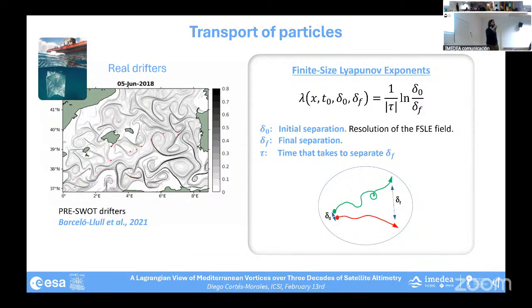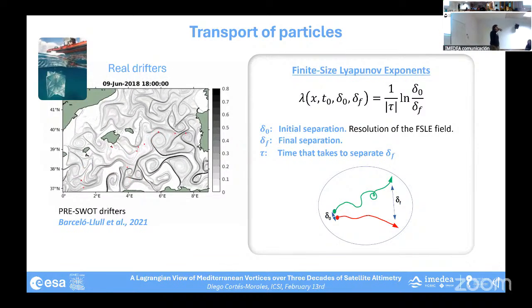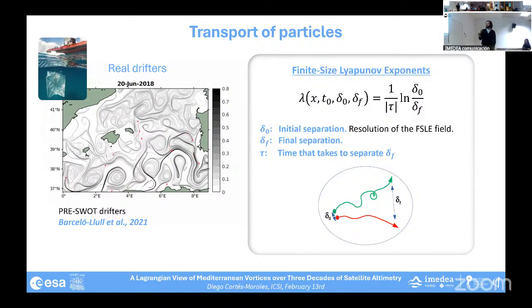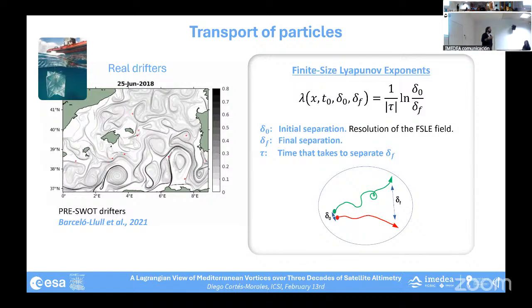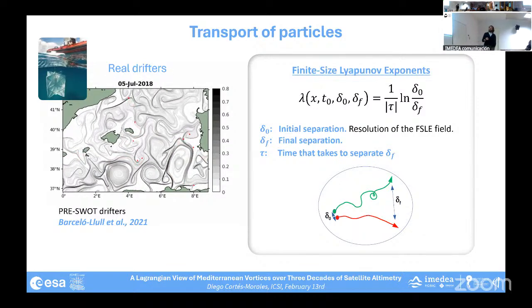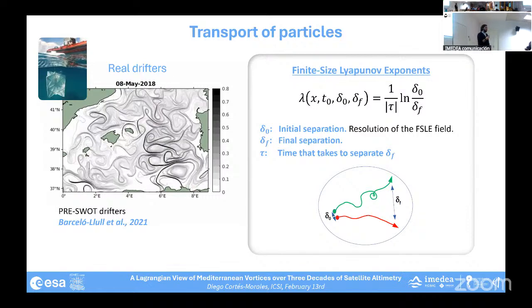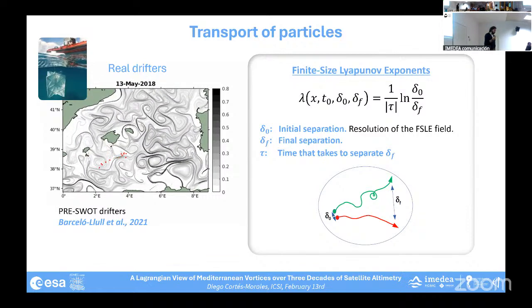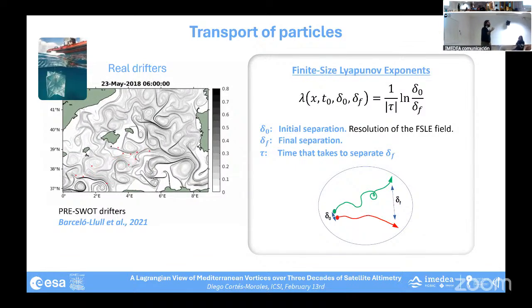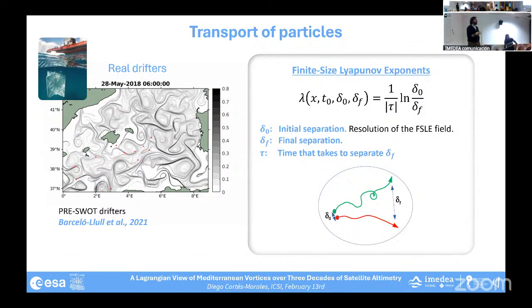So there are some small-scale dynamics happening there that we cannot see with the observations, but we just wanted to focus here more on the algorithm regarding how we identify these structures.